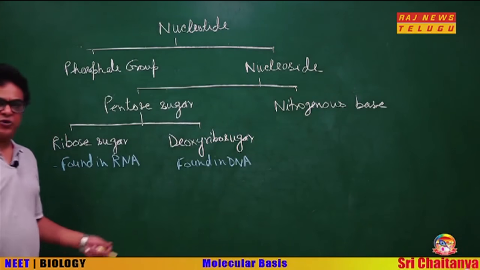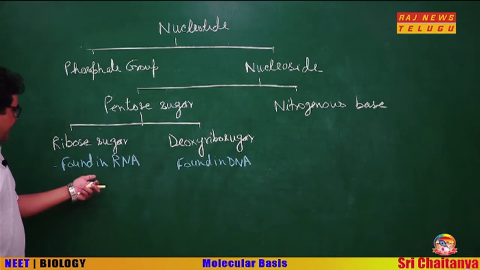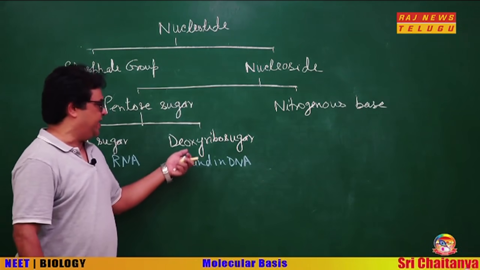So the type of sugar is the main criteria for classification. RNA has ribose sugar while DNA has deoxyribose sugar.